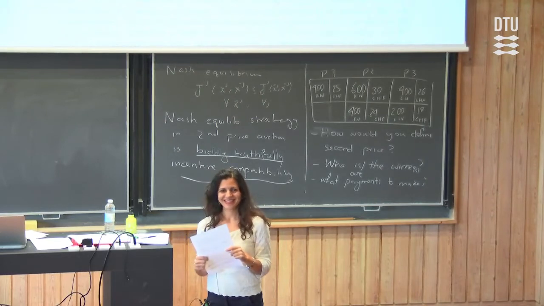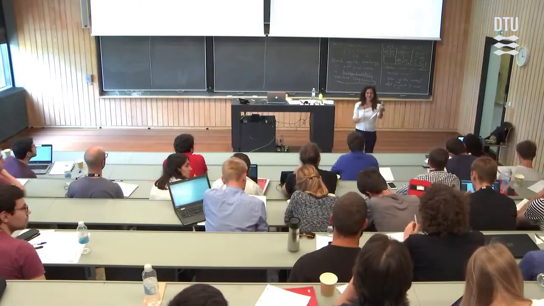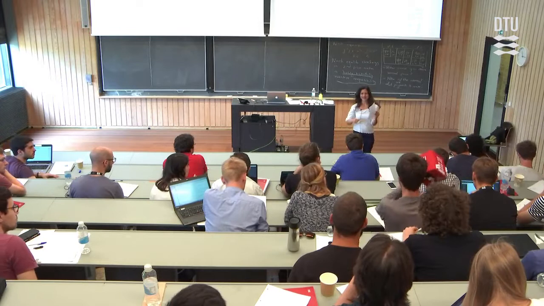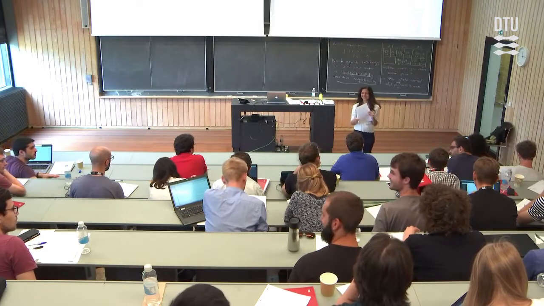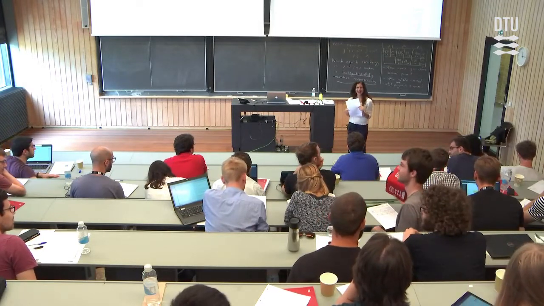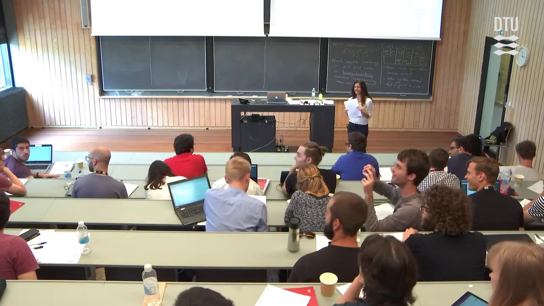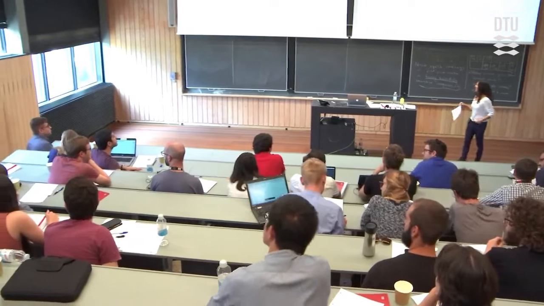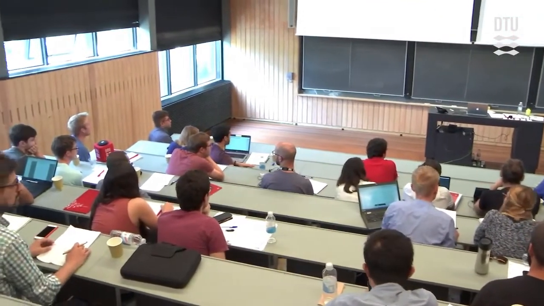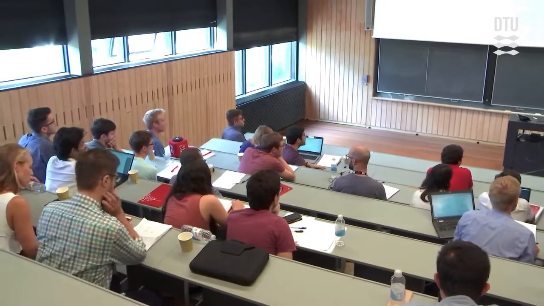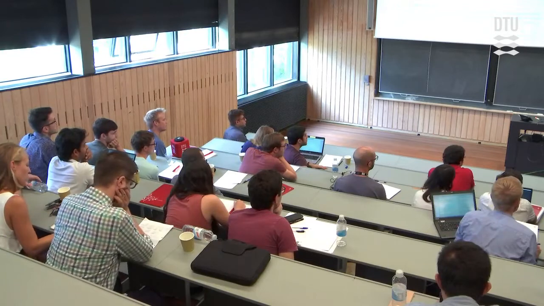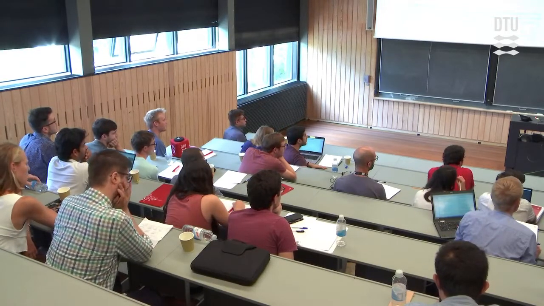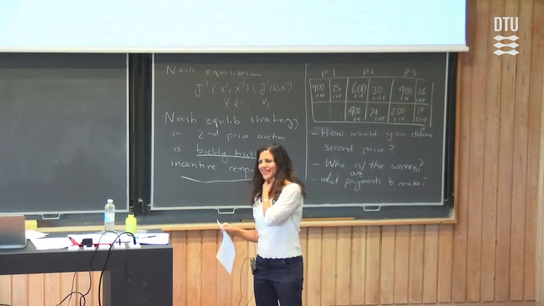You have the microphone. You can pick the 200 from player 3 and the 600 from player 2. I think that's the cheapest option. Okay, I think that's correct. That's the lowest. Good. And what payments would we make to them?